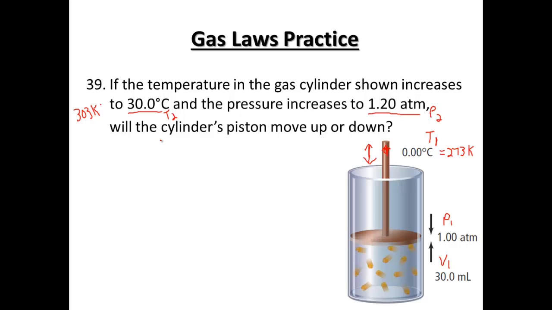So our combined gas law: P1 V1 over T1 equals P2 V2 over T2. Now we're going to solve for volume so we can find out if the piston moved up or down. If we're solving for volume, V2, we're going to rearrange our equation to move temperature and pressure over to the other side.